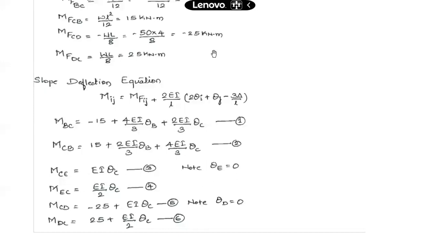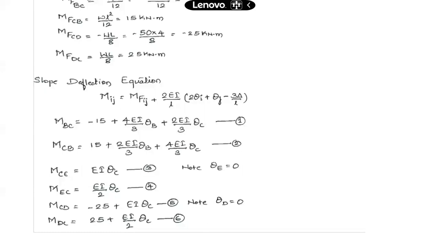And the same when I come to joint E, for member CE only. There I have the fixed end moment, and when I write the equation, MEC is equal to MFEC, which is 0, plus 2EI by L into 2 times theta E plus theta C minus 3 delta by L. Which terms are 0 here?